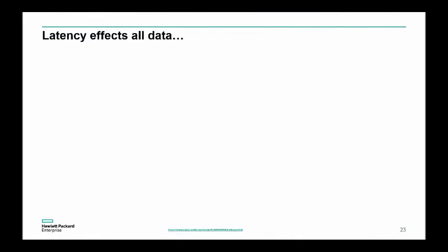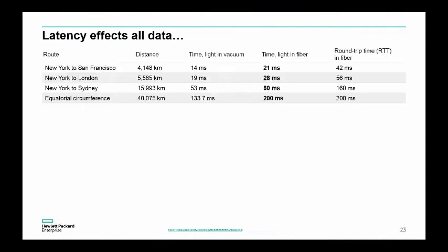Out of those three, the most impactful variable in your application performance is probably the latency. As you can see in this table, there is a physical boundary of the speed of light versus a physical distance that impacts the latency. In this table, you can see how much time it takes for data packets to travel between two locations in a vacuum, which is the optimal condition, what the fiber time is, which is less optimal, and what the round trip is, source to destination and back.